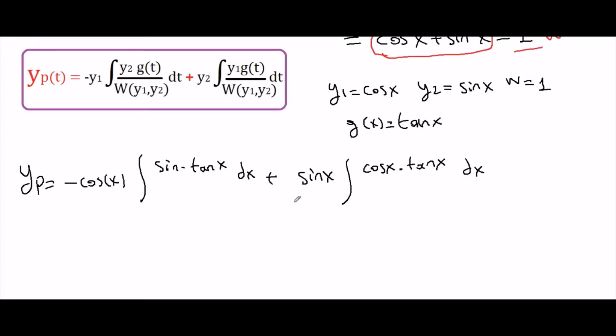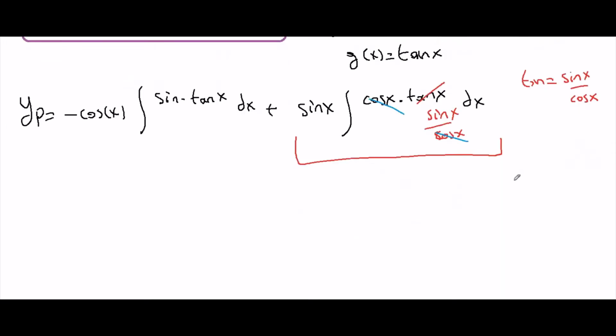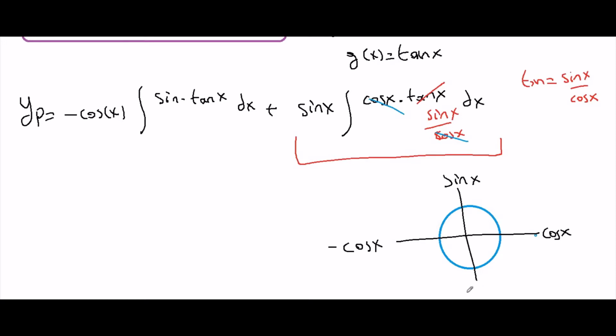Let's start from here. Tangent is equal to sine x over cosine x. So we can express tangent as sine x over cosine x. And cosine cancels cosine, so we are taking integral of sine. So I would like to make the chart again. This is positive cosine direction, negative cosine direction, positive sine direction, and negative sine direction. If you go clockwise, you get the derivative of each function.